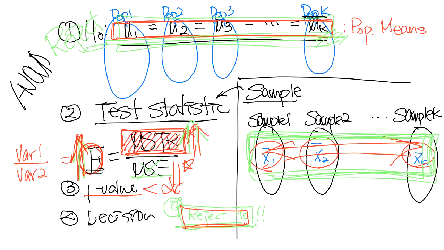It's MSTR, MSE, test statistic, p-value, decision. Everything is related to each other. And please compare to the picture. Please try to understand why we need the bigger F test statistic. If I want to say they are not the same, we need the bigger MSTR. We need the bigger F score.